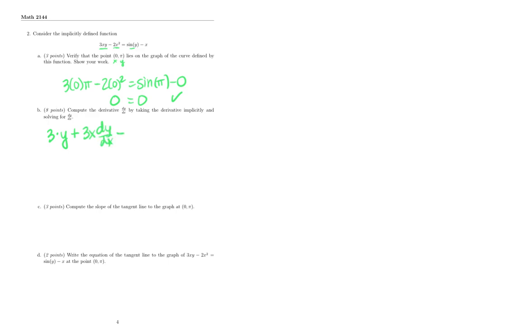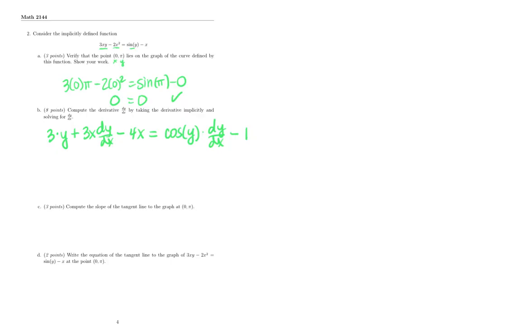Minus the derivative of 2x squared, which is going to be 4x, and then the derivative of sine y with respect to x is going to be cosine, leave the inside alone, and then multiply by the derivative of the inside, which is dy/dx, minus the derivative of x, which is 1.